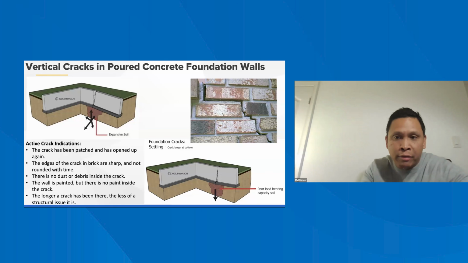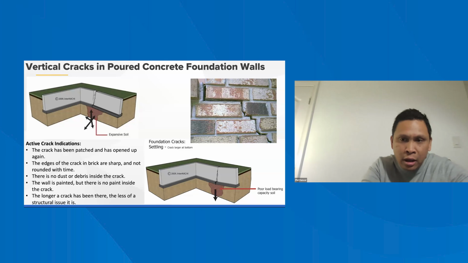So that upward movement of the soil from the ground. The ground in the illustration is expanding. The bottom right corner, you can see that it's moving in the opposite direction.